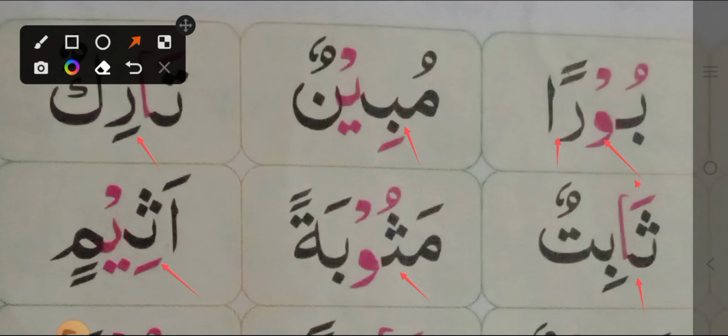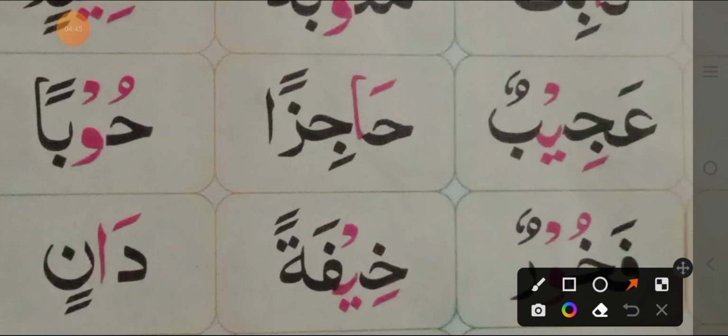Hamzah zabar a, sa ya zir si, asi, mim tu zir min, asimin. In stop, asim. Ain zabar a, jim ya zir ji, aji, ba tu pesh bun, ajibun.